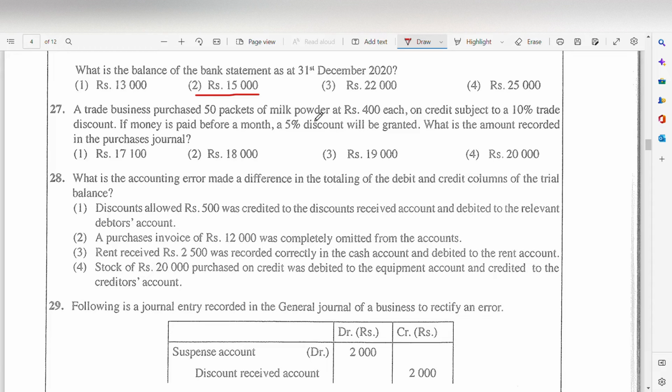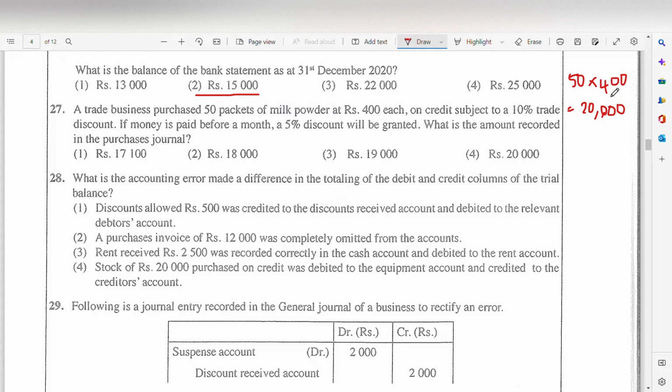So here you have purchased 50 packets of milk powder at 400 each. Now if I am doing a calculation here, 50 into 400 means the total value is 20,000. But you have received a 10% trade discount.